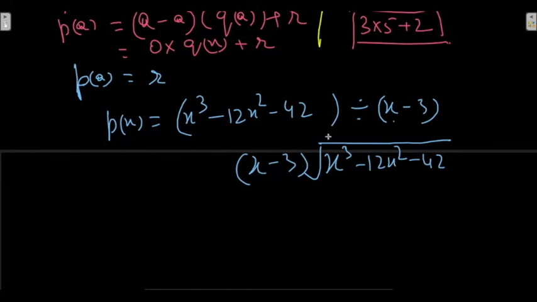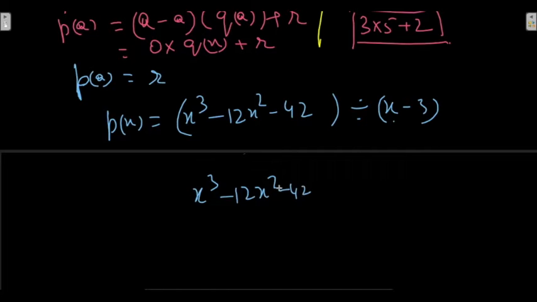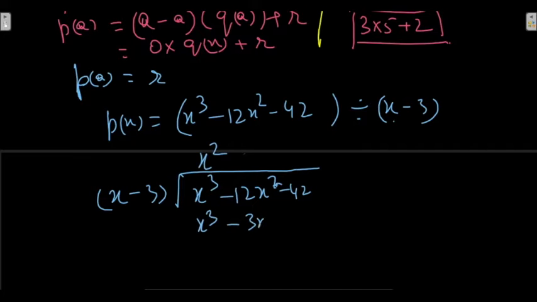Let's create some space here. Okay, x cubed minus 12x squared minus 42, this whole thing gets divided by x minus 3. So it's x into x squared gives us x cubed minus 3x squared.